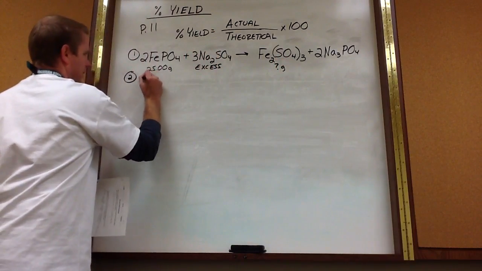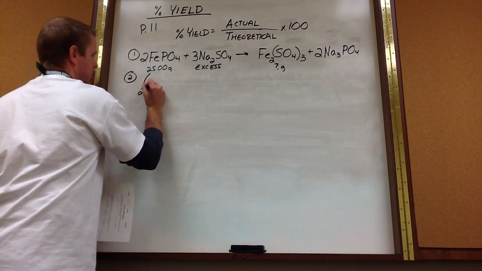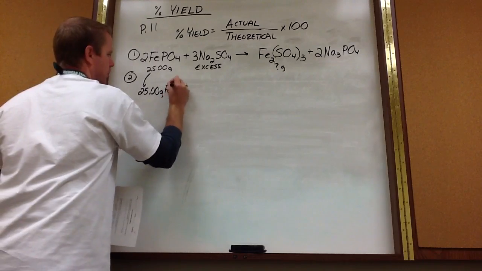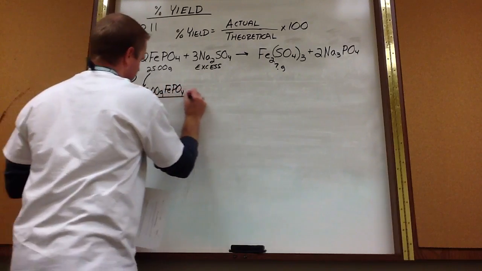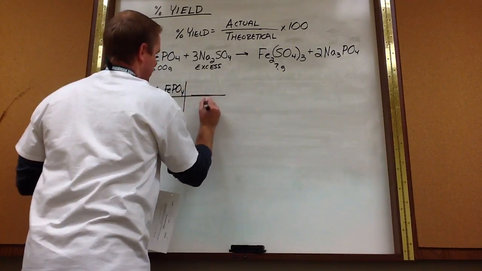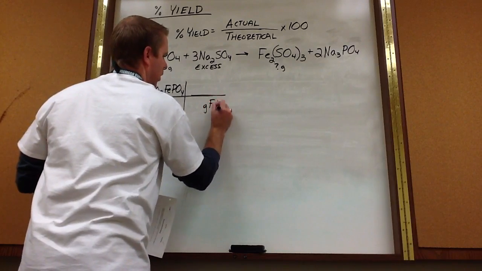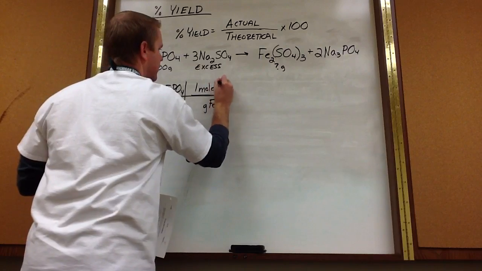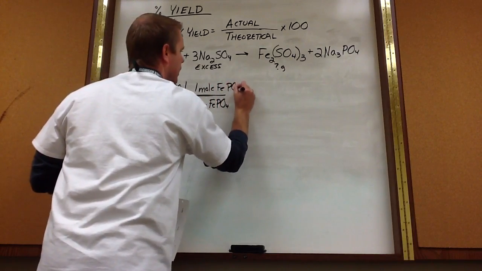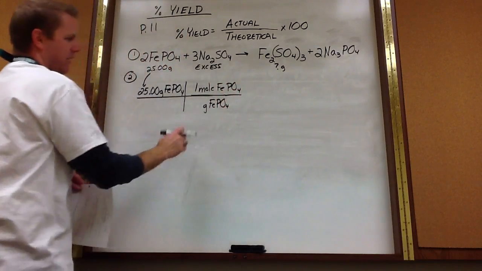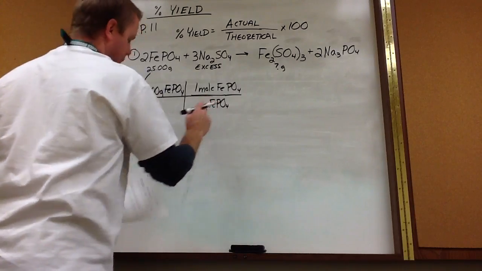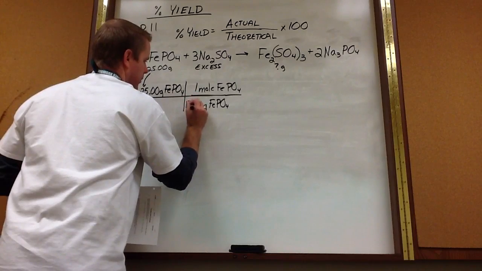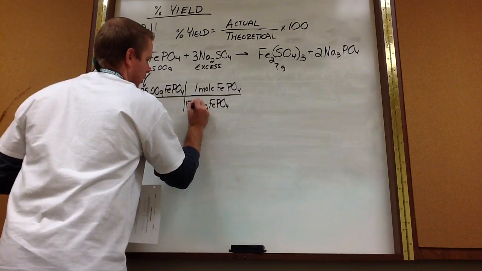You start with the limiting reagent, 25.00 grams, and the first thing I recommend you do is turn it into moles so we can do a mole ratio. So grams of FePO4 in 1 mole of FePO4. Well, you find the molar mass: you add Fe and P and 4 oxygens, and you get 150.82. Remember, we always round to the hundredths place on molar masses.